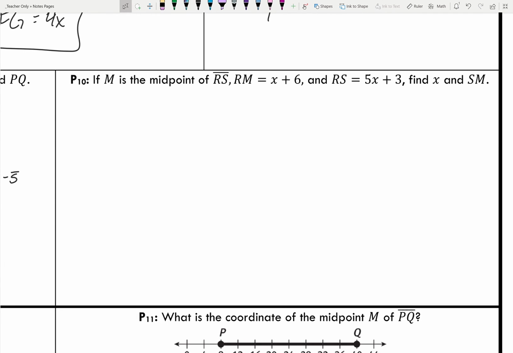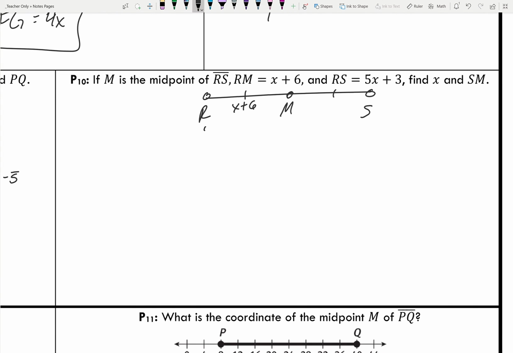Alright, another algebra problem for number 10, but just slightly different, okay? If M is the midpoint of segment RS, RM is equal to x plus 6, and RS is equal to 5x plus 3. Find x and SM. Okay, so M is the midpoint of RS. Draw this out. They're congruent. RM is x plus 6.